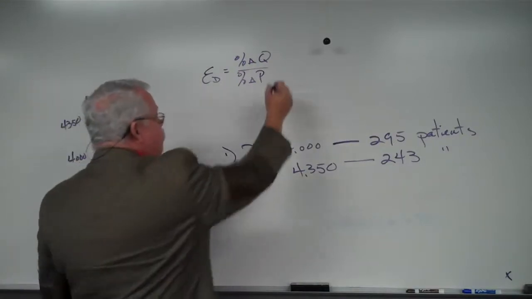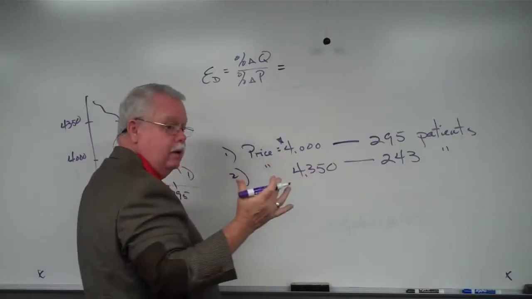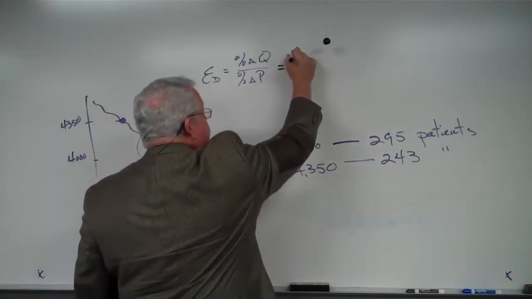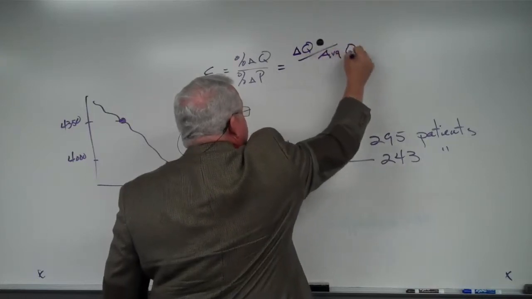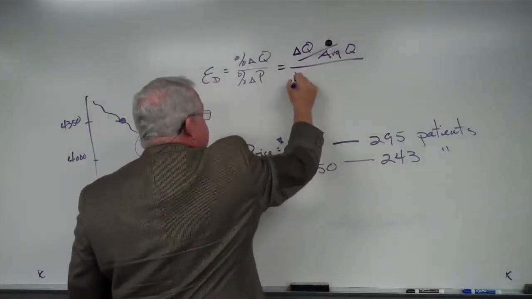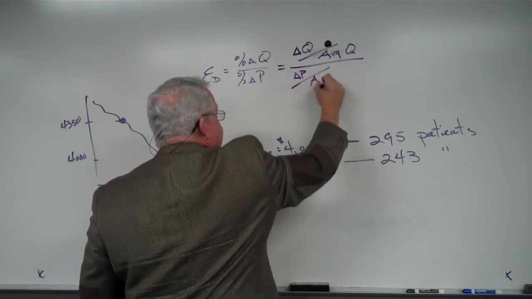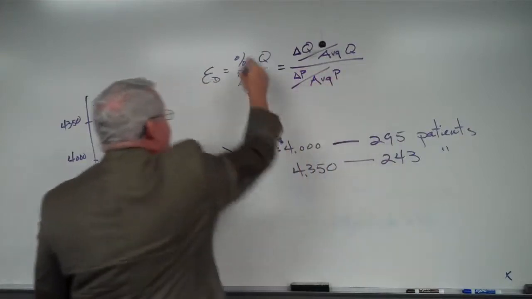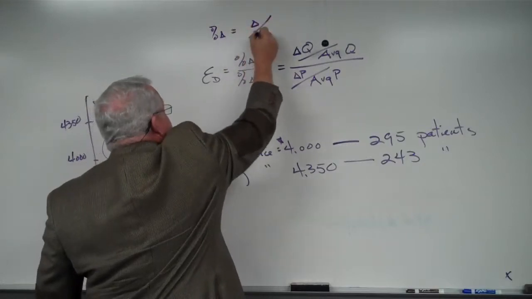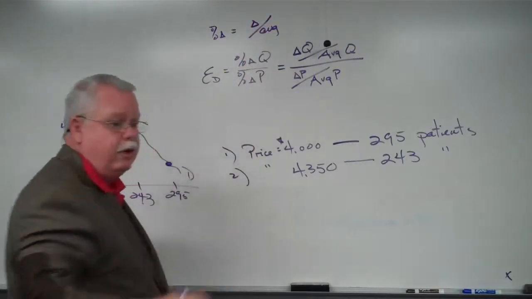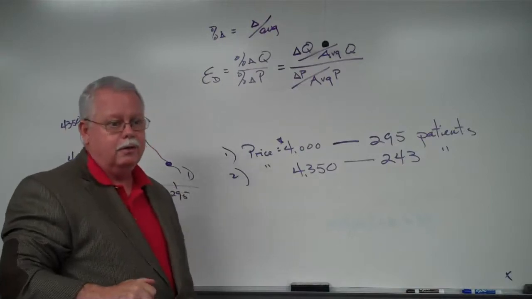And I calculate the percentage change this way. It's the change in quantity over the average quantity divided by the change in price over the average price. So percentage change is the change over the average. To me, that's a very quick and easy calculation.